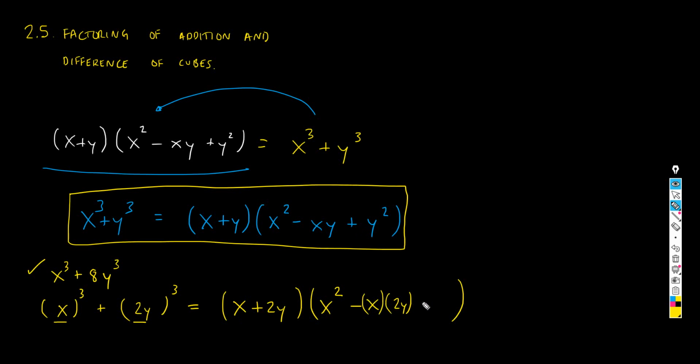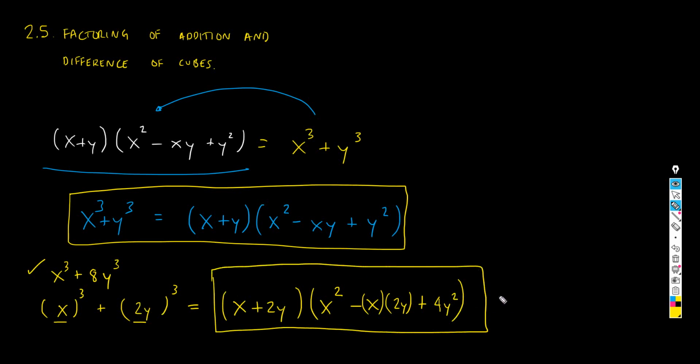And finally, we have a plus second number to the square. What is my second number? It's 2y, and I square all of these. So I'm going to get 4y squared, and I'm done. This is my full solution. Now, if you want to write it down in a better way, it would be like this.